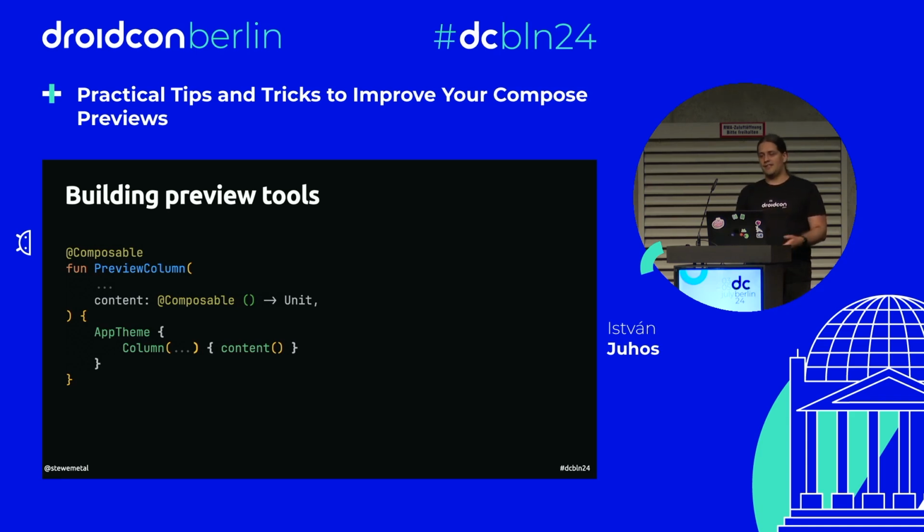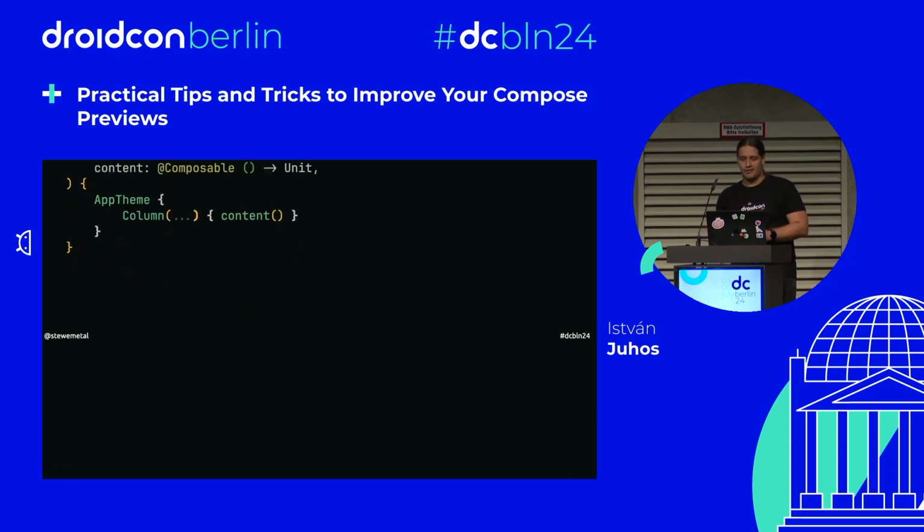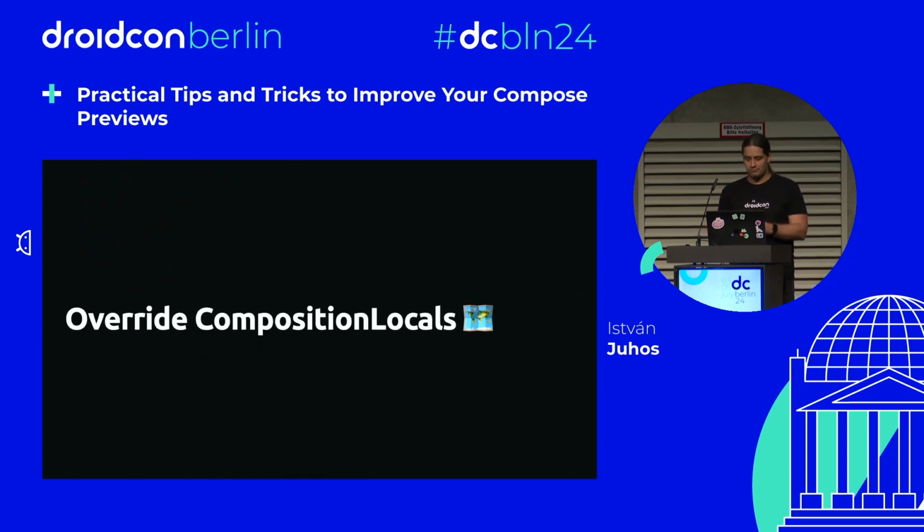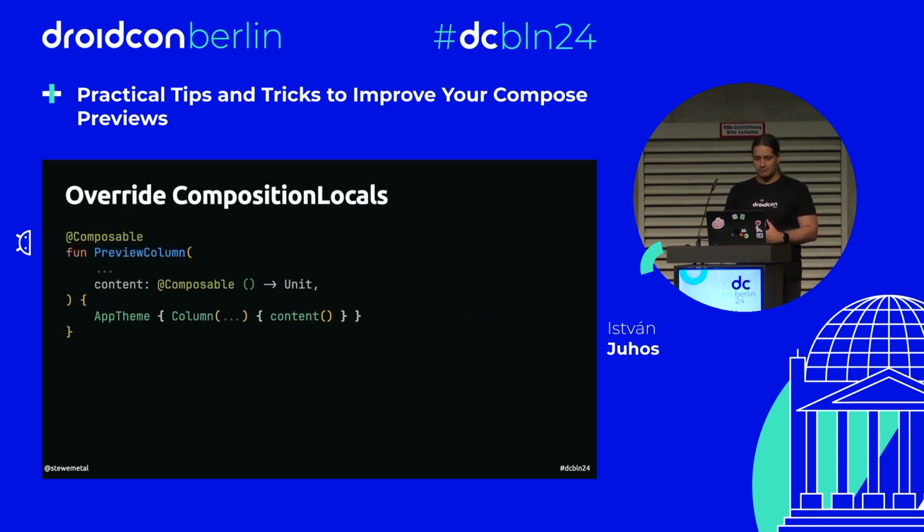That kind of achieves the same effect as what you expect from multiple previews having been rendered in the preview pane. So I'll show you what we can do with preview column in this new part, where we will override composition locals just in the previews themselves.